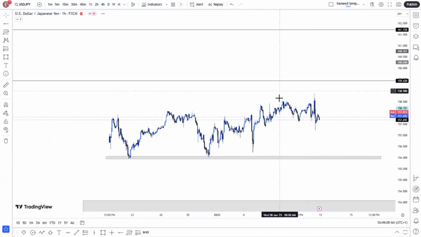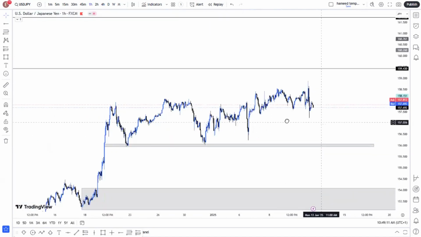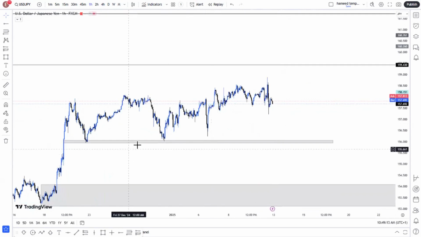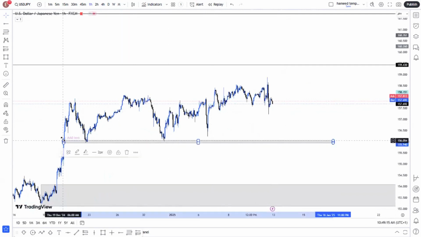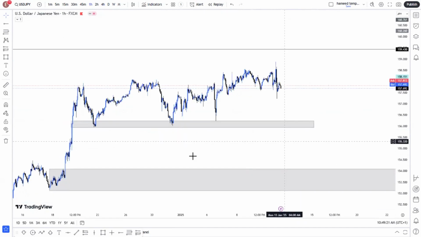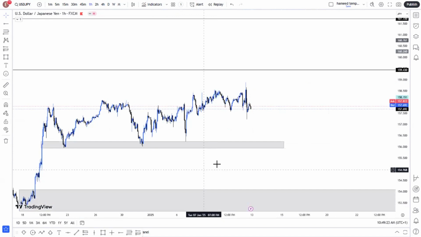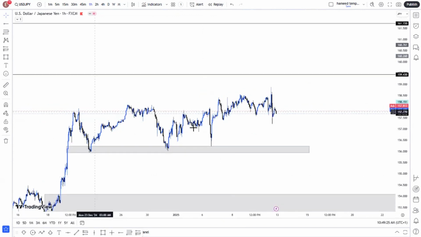On 1 hour, let's adjust this very well. I'm still seeing the market kind of consolidating around here, but I think it has broken out of this consolidation from this level here, but is still doing somewhat around here.